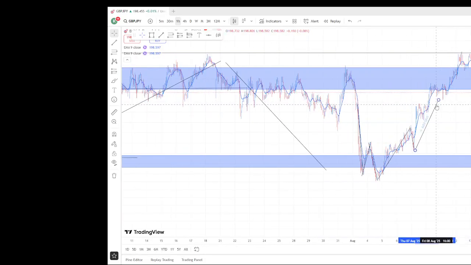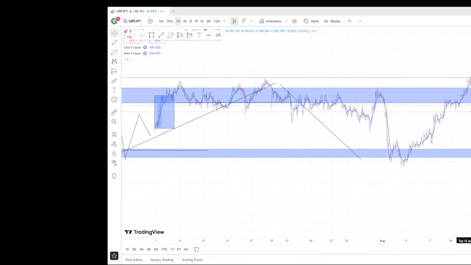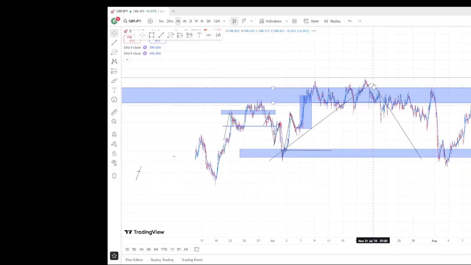And right now, as I had told you before, the first Friday of every month is called NFP week. So in NFP week, there's a lot of news. The market moves sporadically. There's a lot of market manipulation.